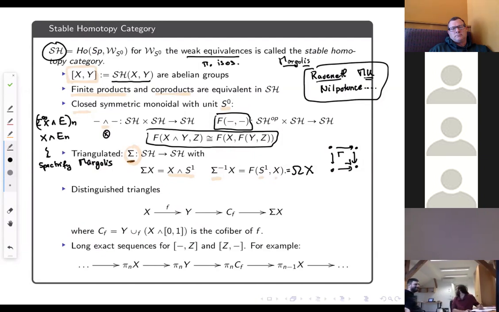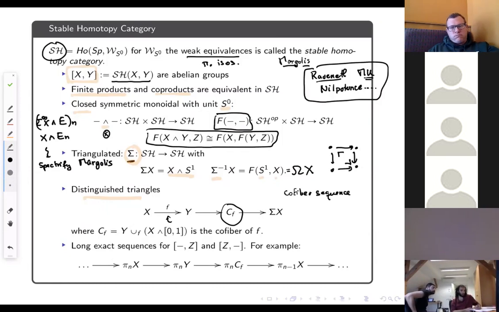So now it's a triangulated category. In a triangulated category, there are distinguished triangles. And in the stable homotopy category, the distinguished triangles are the cofiber sequences. Okay, so this is a cofiber sequence. If you have a map F from X to Y, then CF is the same picture as when you did it in spaces.